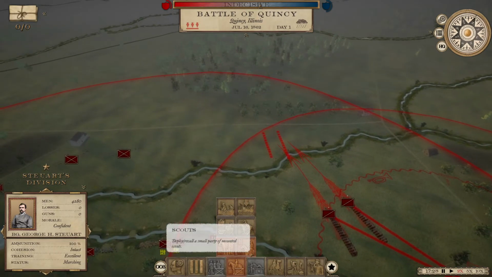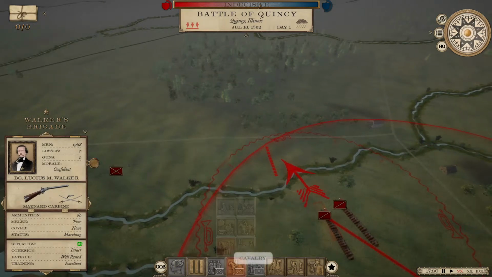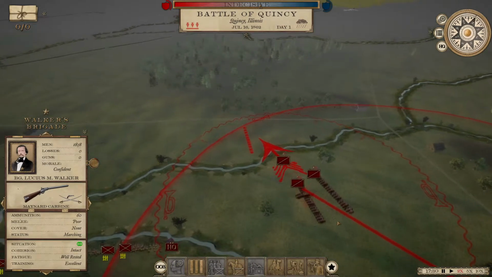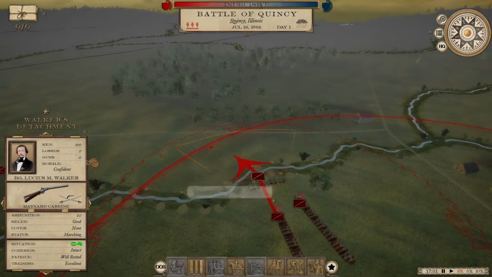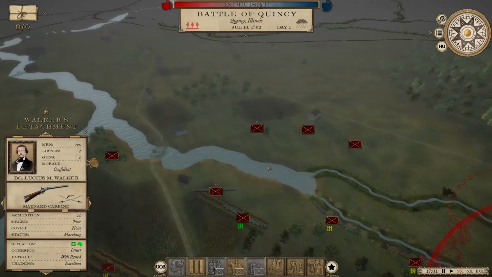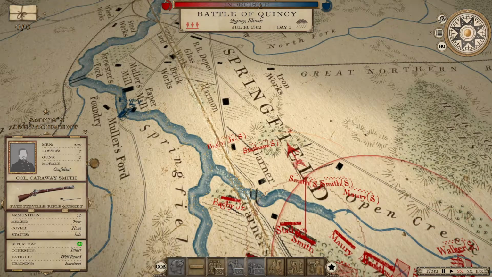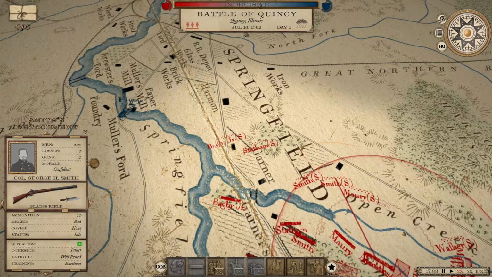Again, if you put scouts out, I think at this point in the game, they just move with the parent brigade. Look, these are the scouts. But I don't think they can yet go off on their own as skirmishers can and do their own stuff. I think they have to travel with the parent unit.